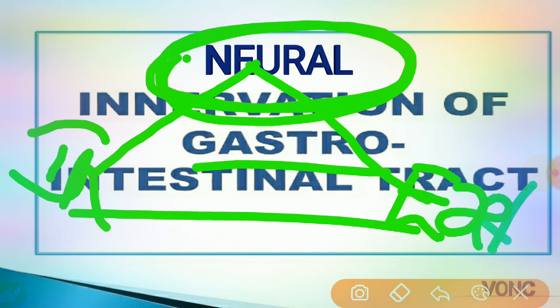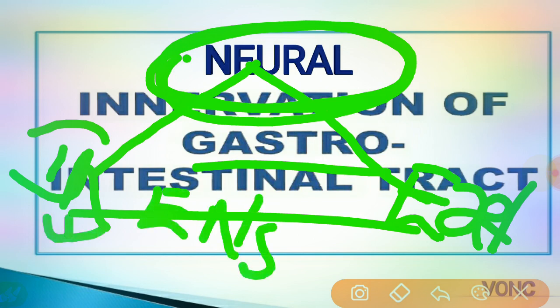The intrinsic set of neurons we call the enteric nervous system, ENS.